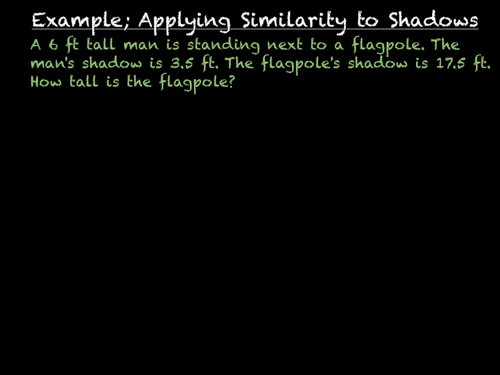In this next example, a 6-foot tall man is standing next to a flagpole. The man's shadow is 3.5 feet and the flagpole shadow is 17.5 feet. How tall is the flagpole? Again, I'm going to set up some similar triangles. The man is 6 feet tall and he casts a 3.5 foot shadow.